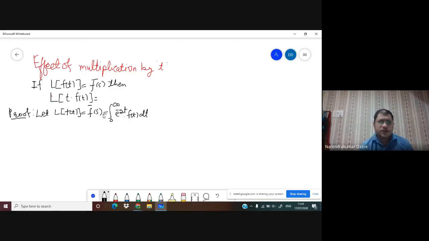So instead of f of t, if I get t into f of t, then this term will be the Laplace transform of t into f of t. Okay. So we have one basic formula. What is the basic formula? d by dx of e raised to ax is equal to a into e raised to ax.